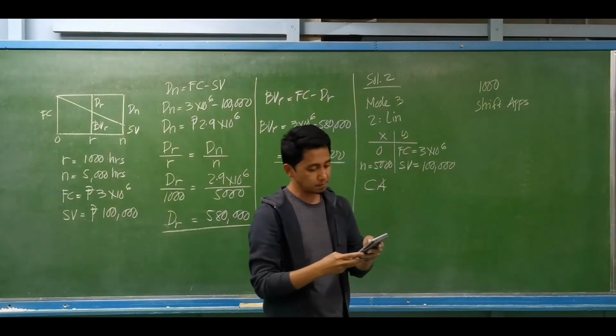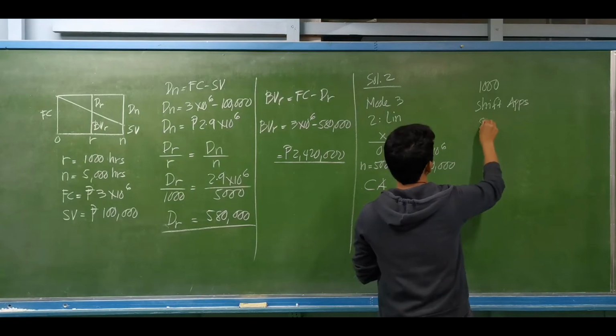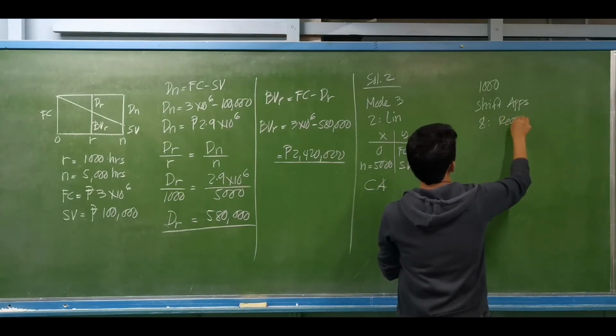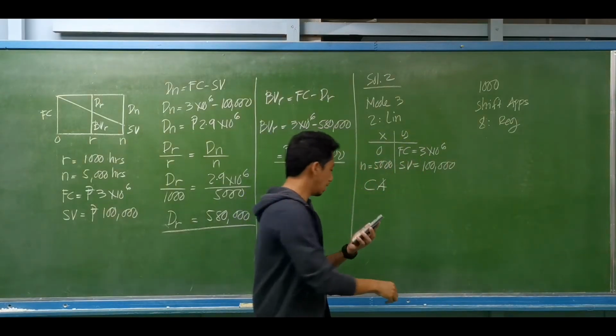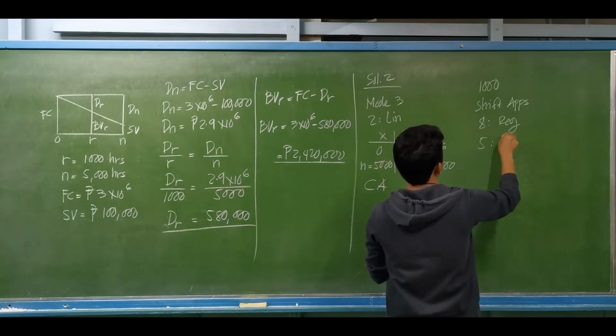We do shift stat, then look for regression. This is number 8. So you may press number 8. Then number 5, that is the Y hat.